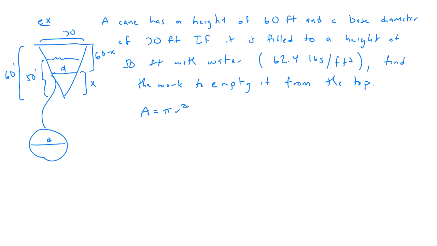You can see the first little thing is just trying to check to make sure you're paying attention, which is that you're given the diameter here. So really what you want to do is break everything into radiuses. What I really want is the radius. So what's the relationship between x and r?